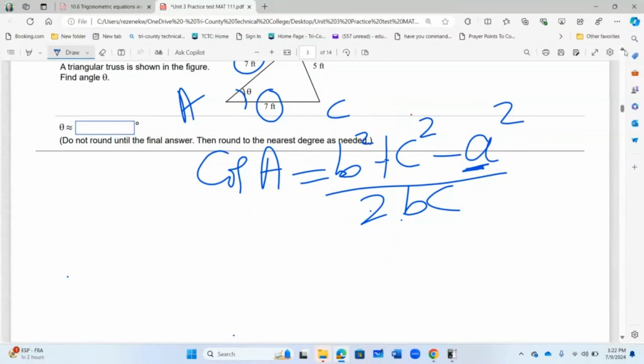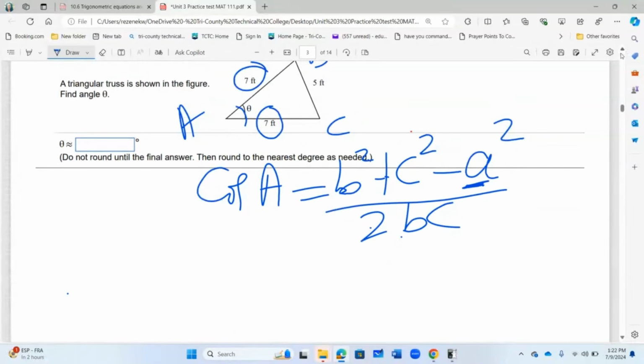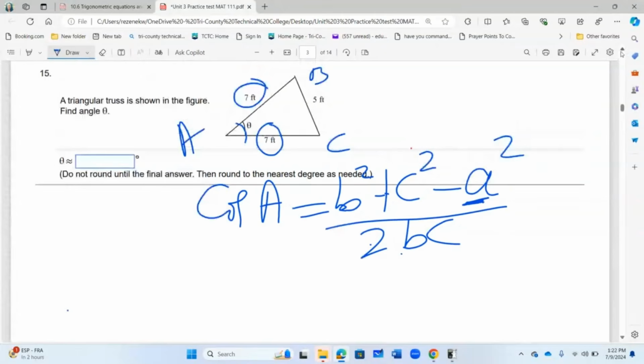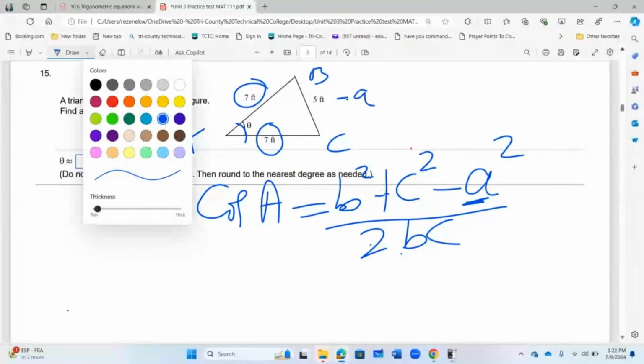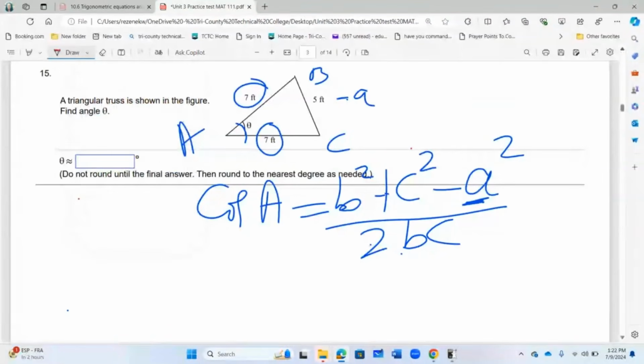Okay, all right. So now I know what I'm looking for. This is A, small a, and the angle is A. This is B, small b.